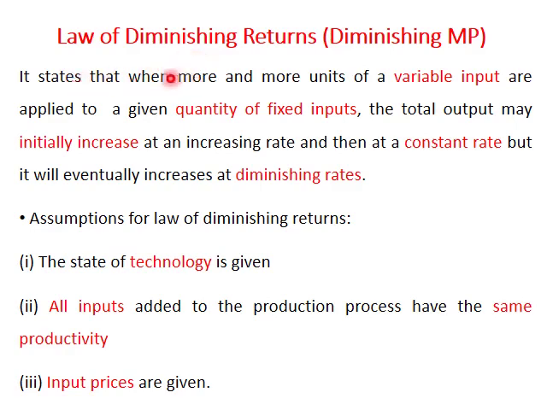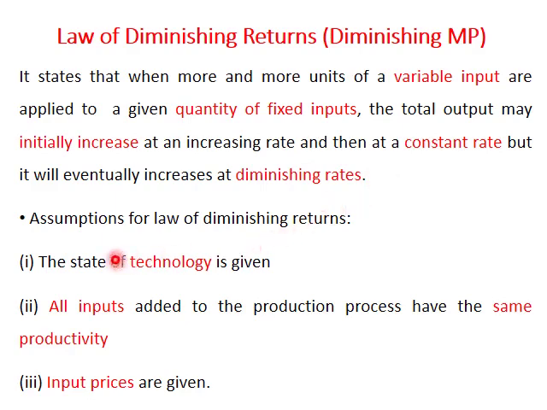The law of diminishing return states that when more and more units of variable input are applied to a given quantity of fixed input, we have variable input on one side and fixed input on the other side, the total output may initially increase at an increasing rate, then increase at a constant rate, and eventually increase at a diminishing rate, and finally it will even decrease.